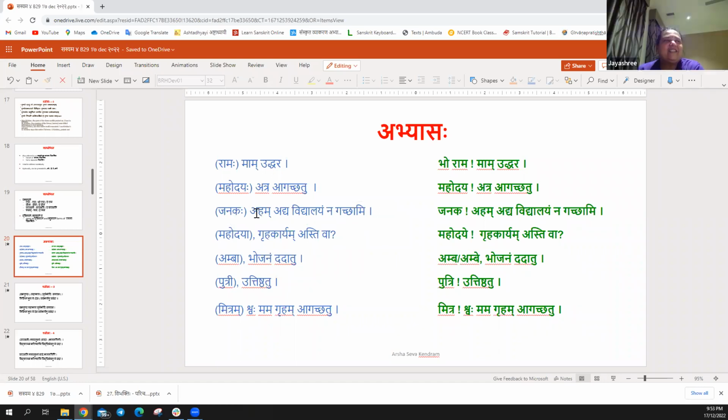Can you translate this, please, Suraksha Mohoday? Aham adya vidyalayam na gacchami. So I won't be coming to school today.